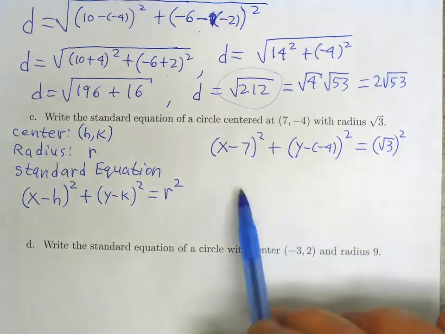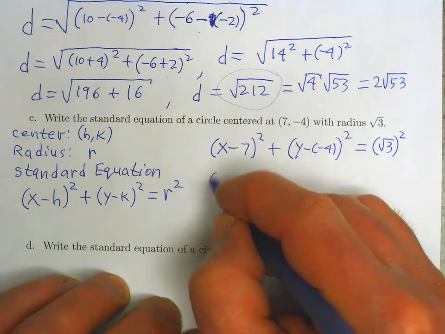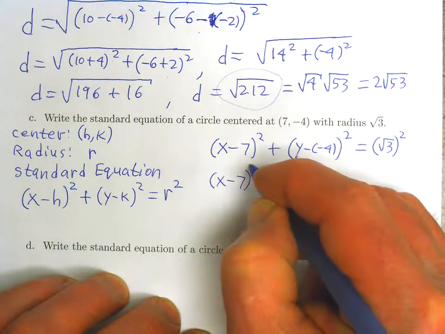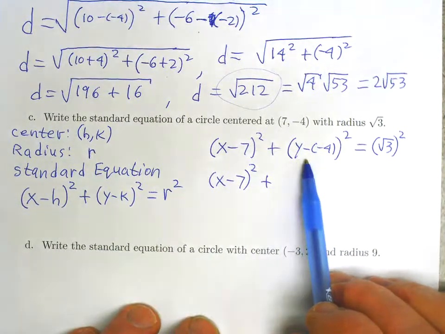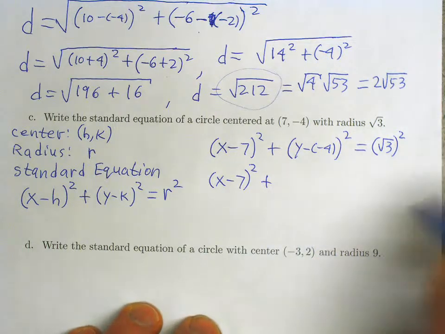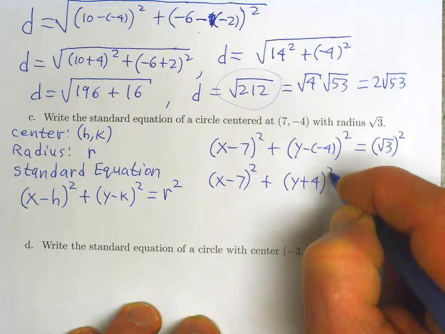Okay, this is a good start, but we want to take it further. The x minus 7 quantity squared is the way that we want it, but y minus -4 quantity squared, we want to write this as y plus 4 quantity squared.